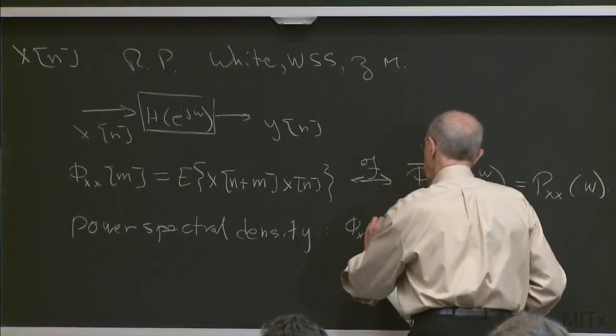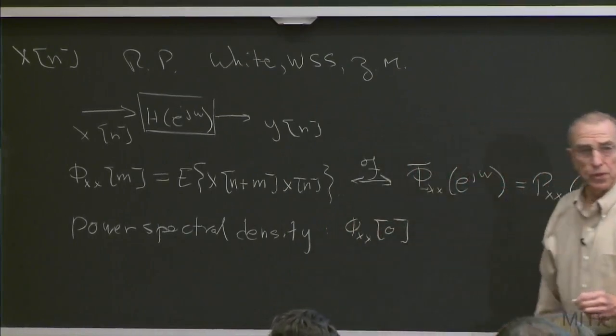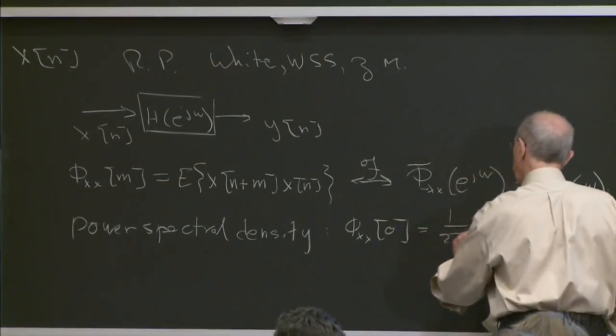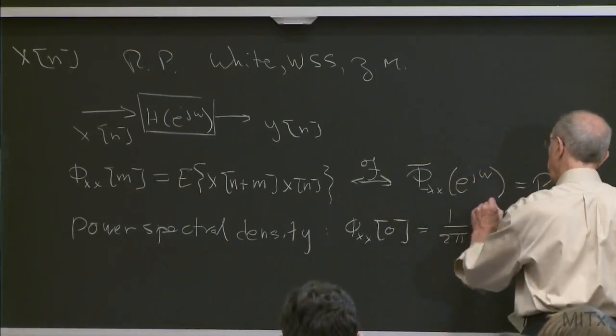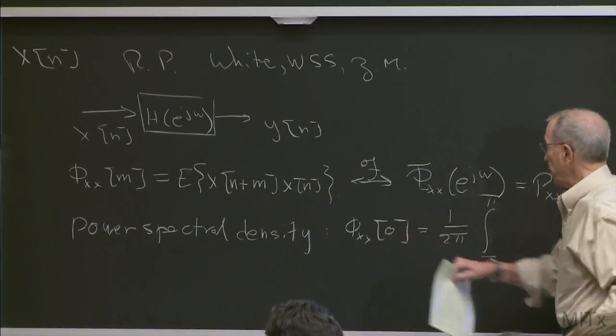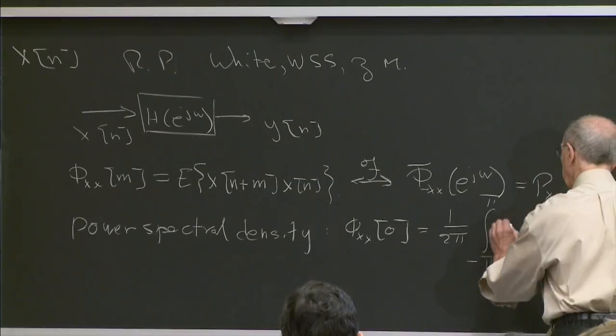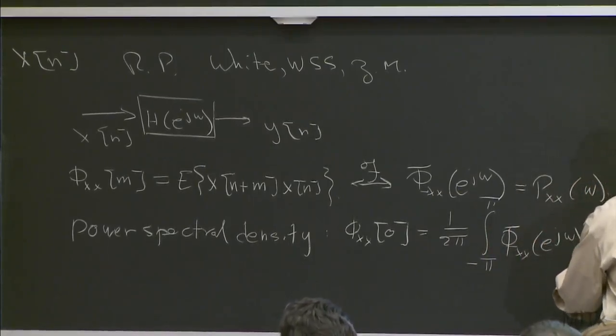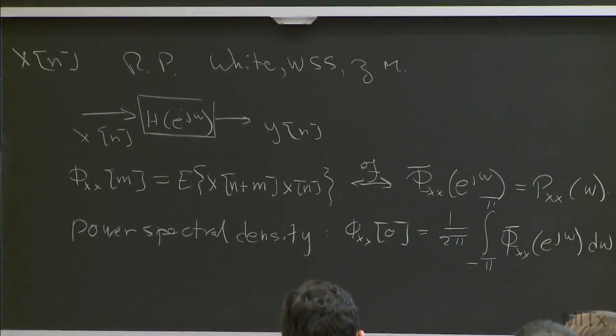phi xx of 0, the autocorrelation function at 0 lag, is 1 over 2 pi times the integral from minus pi to pi of the Fourier transform of that function. This is just a straightforward result of Fourier transforms.